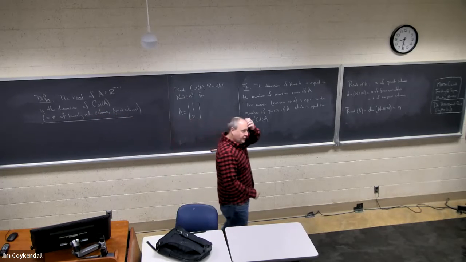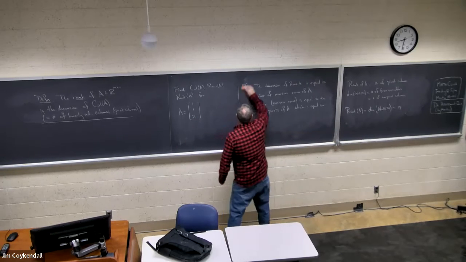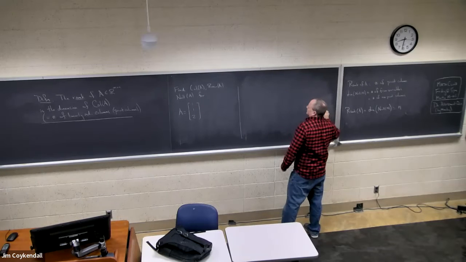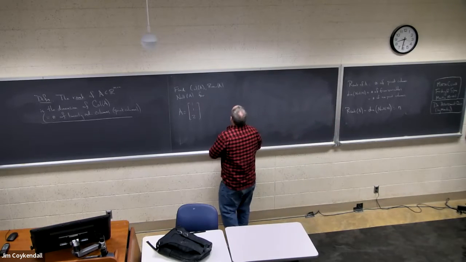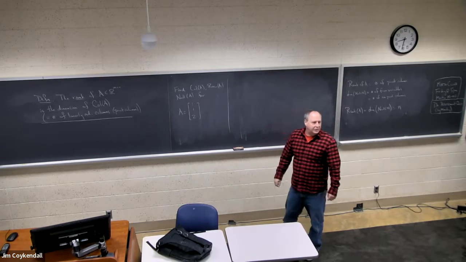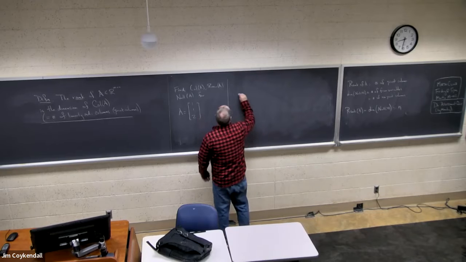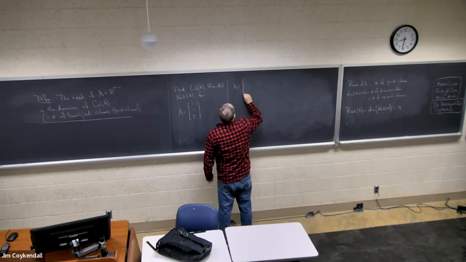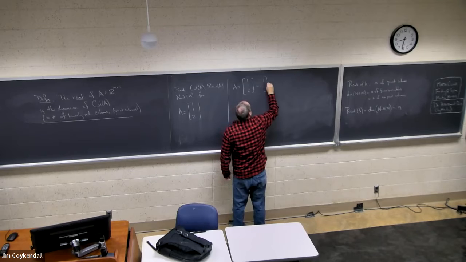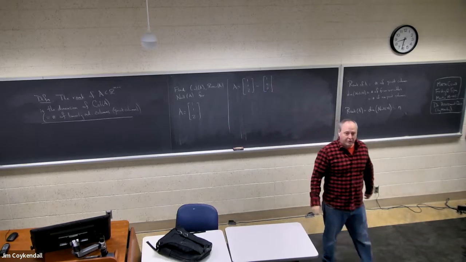Well, what if your matrix is just a vector? Well, it's no different, really. I know it looks a little strange because there's only one column, but you can do the same thing. Row reduce A. Okay, so far?